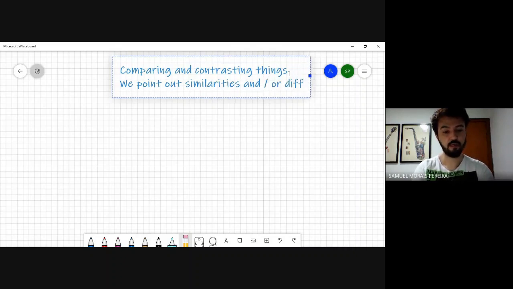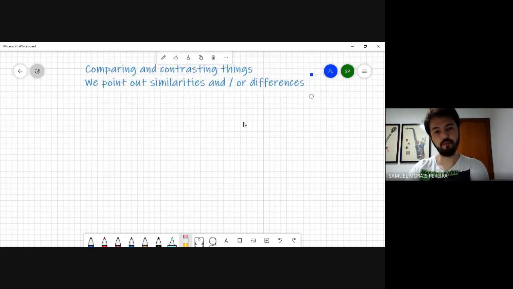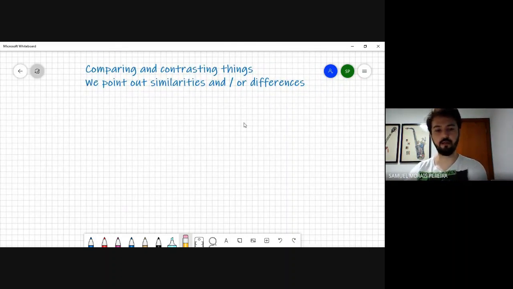And or differences between the things or the people we are comparing. So pay attention to these two words here, similarities and differences, okay? We are gonna learn in today's lesson how to express similarities and differences, okay?